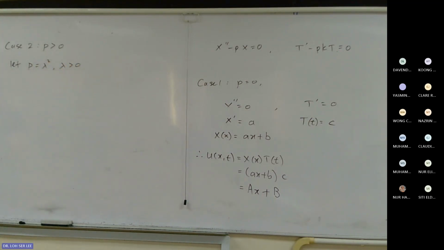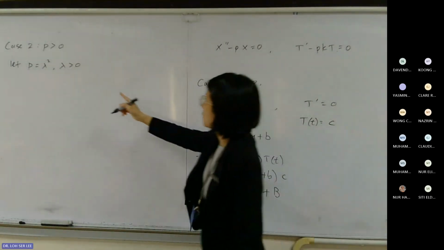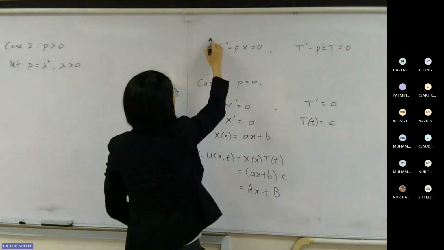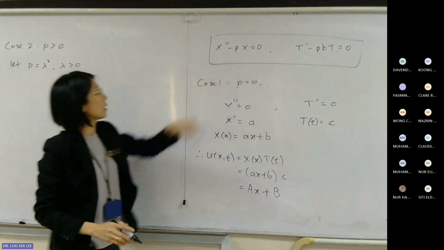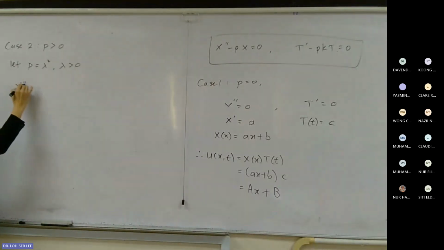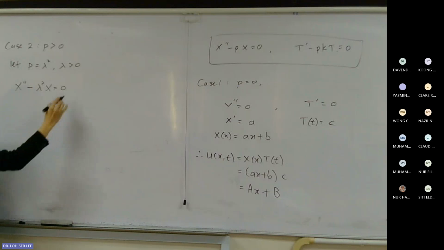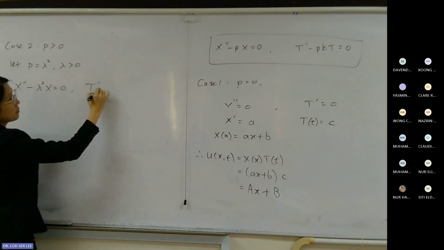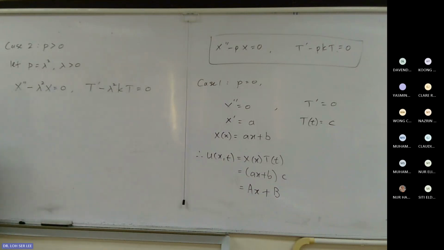So when p is lambda squared, what you get will be x double prime minus lambda squared x equals to 0. Another one is t prime minus lambda squared kt equals to 0.